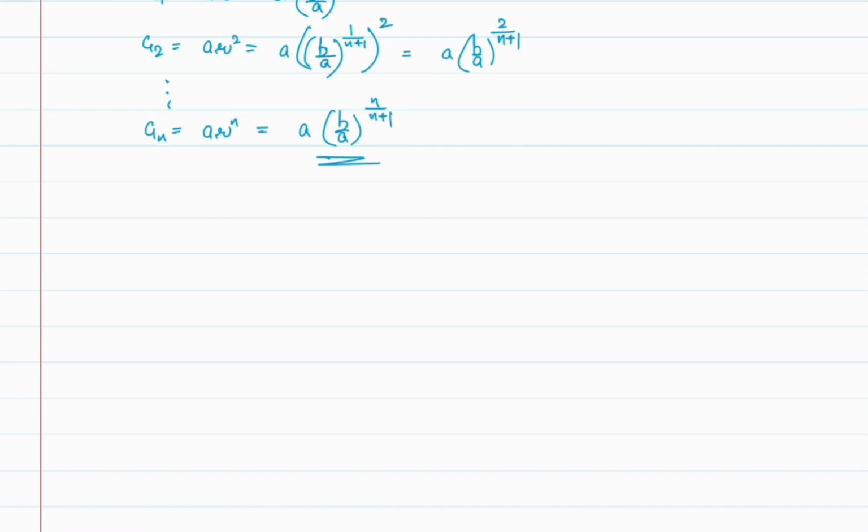Now let's see an example of trying to find n geometric means between 2 and 32. Suppose we take a equal to 2 and b equal to 32. Now let's try to insert 3 geometric means between them.